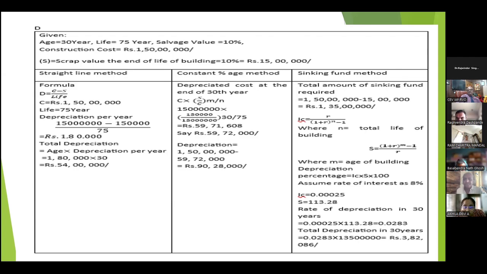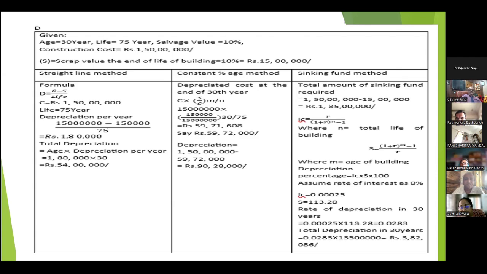Rajendra sir has tried to solve the same question by using all the three methods to make you clear which type of depreciation is better to provide in your report.